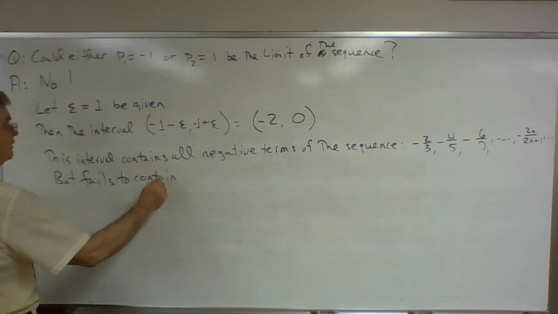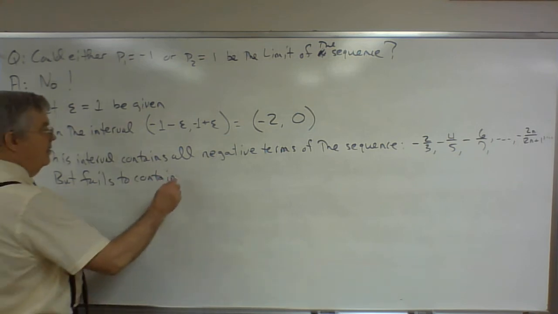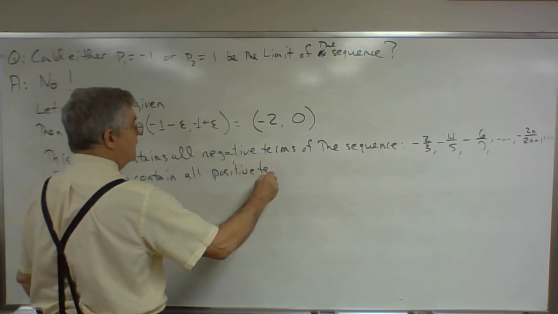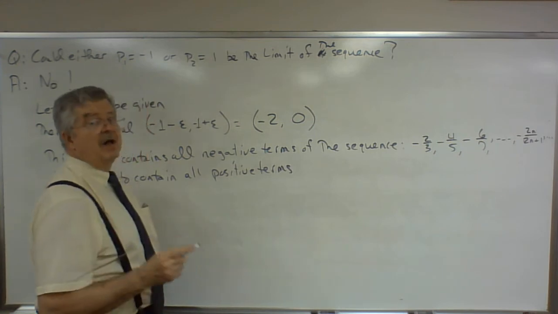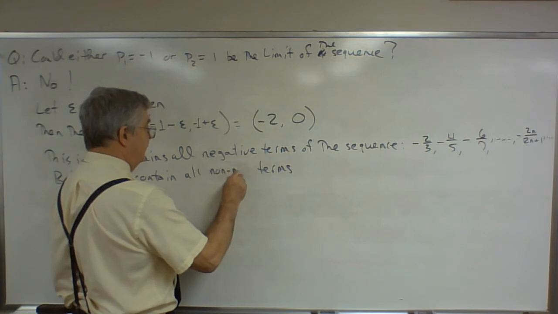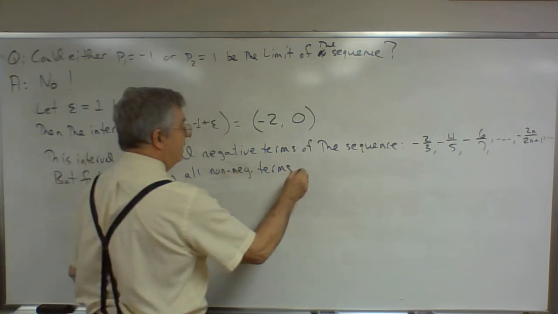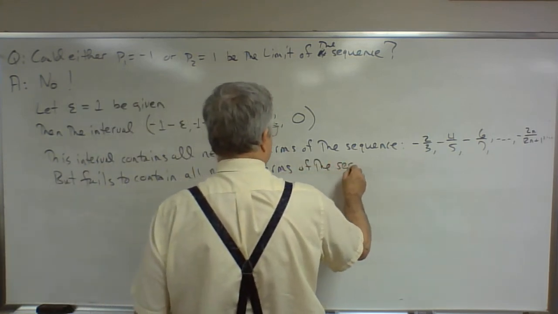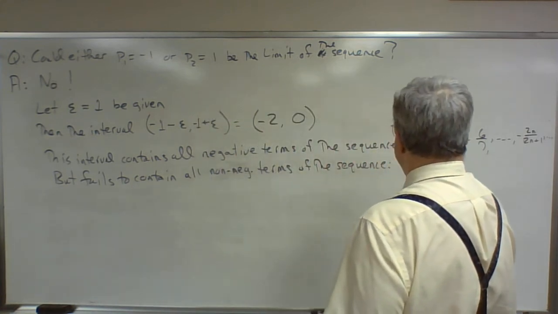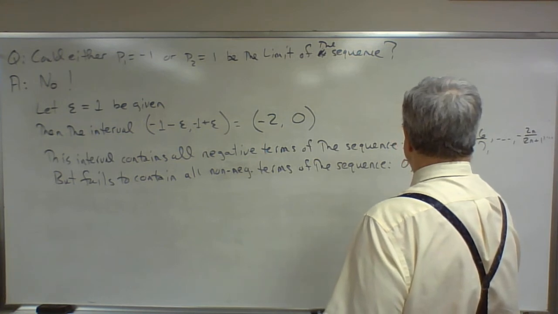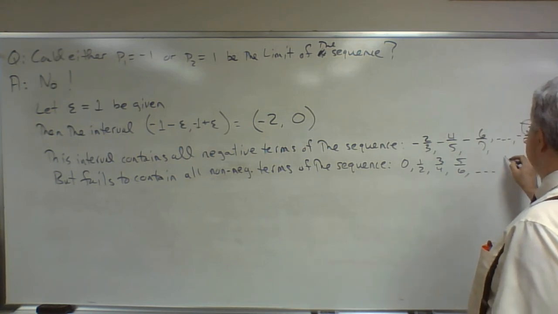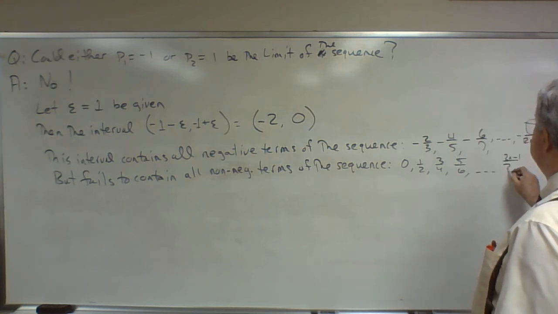But it fails to contain all positive terms of the sequence, actually all non-negative terms of the sequence, namely 0, 1/2, 3/4, 5/6, 2n minus 1 over 2n.